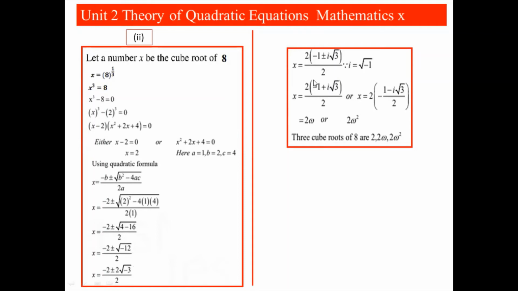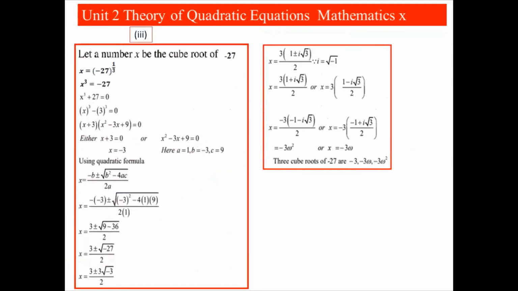So we know that this is the value of omega, and this is the value of omega square. So this whole expression is omega, so this is 2 into omega, 2 omega, and this whole expression within the bracket is omega square. So the 3 cube roots of 8 are 2, 2 omega and 2 omega square.